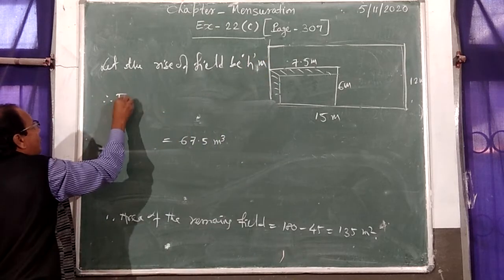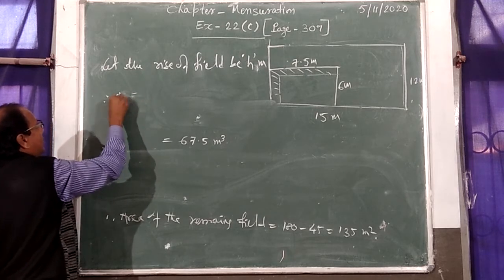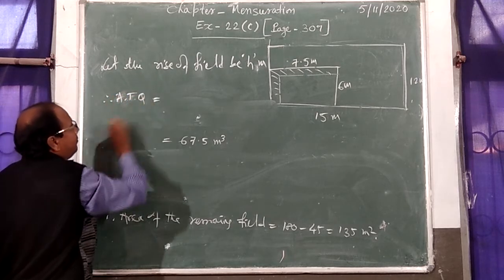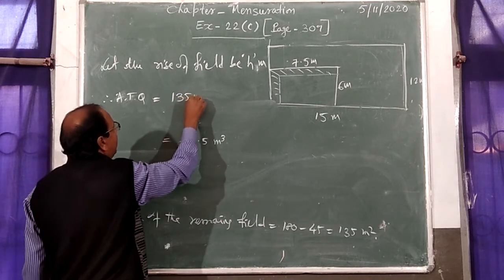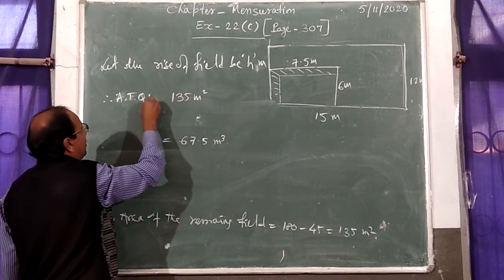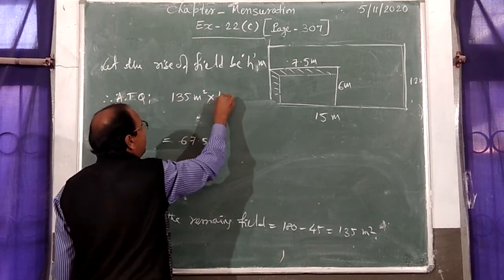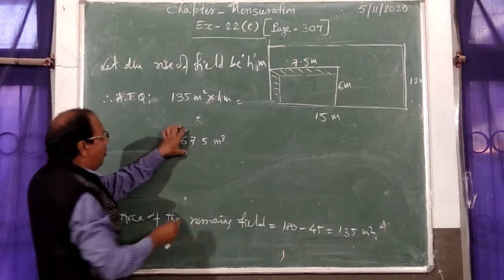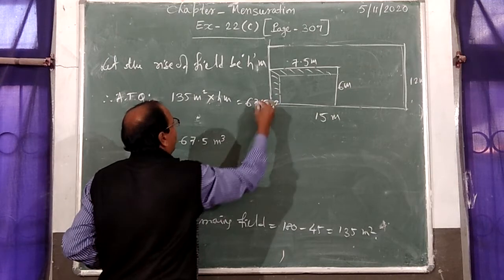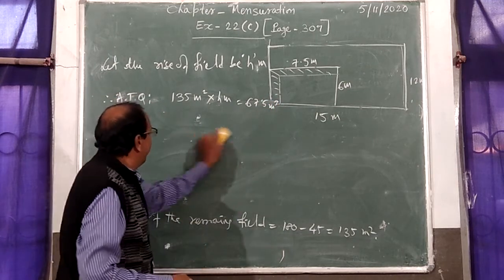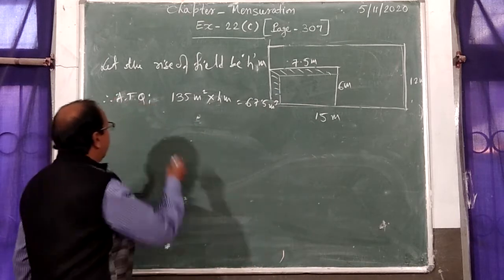Therefore, according to the question, 135 meter square into H meter equals the volume of the whole pit, so 67.5 meter cube. Okay. Now we have to just calculate, we will get the answer.